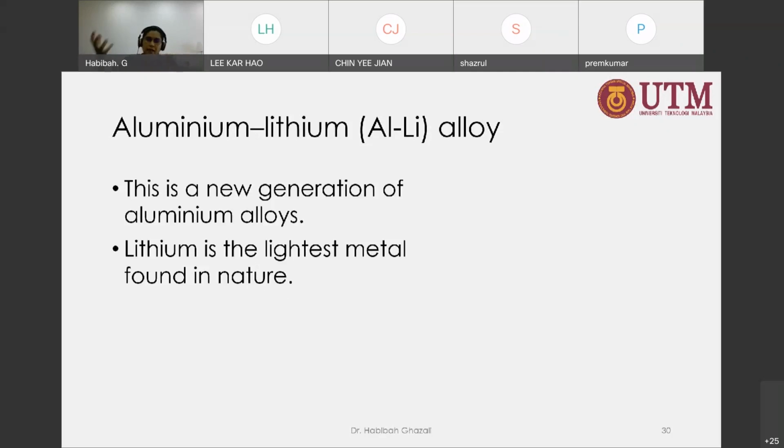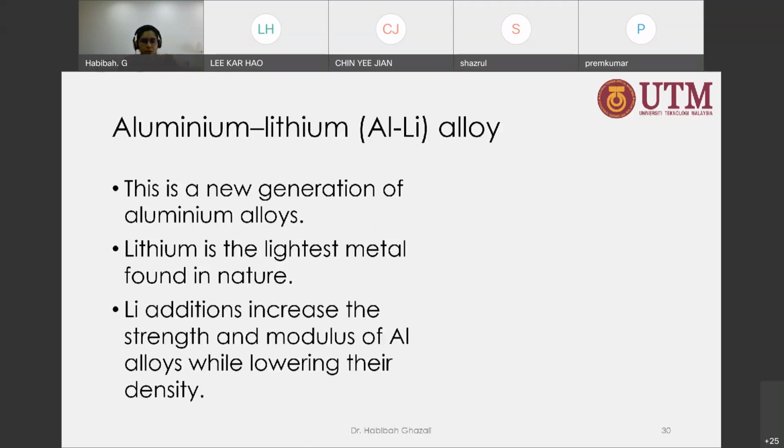If we can add another element that is lighter than that, we can increase its strength by this addition of the alloying element, and at the same time reduce its weight. So the lithium addition will increase the strength and modulus of the aluminum, but also at the same time lower the density.